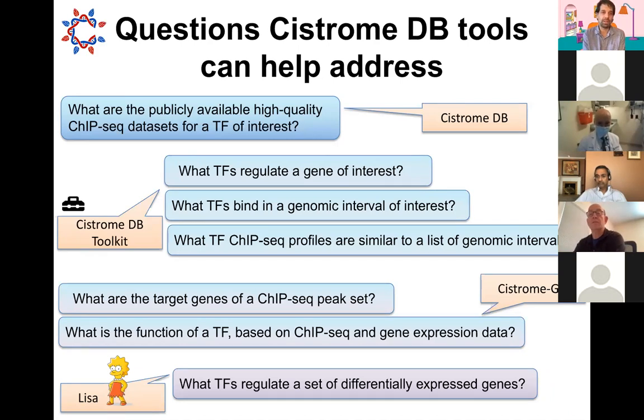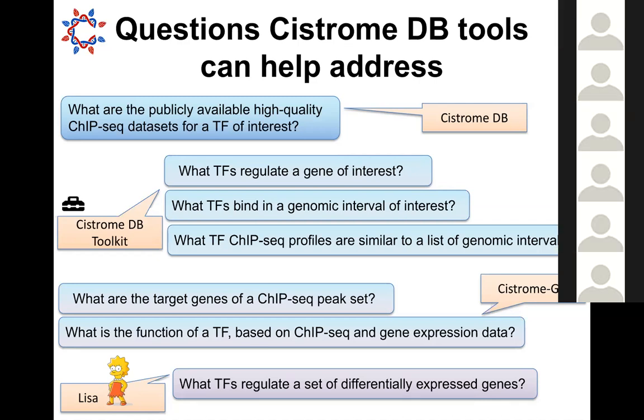Other questions include what transcription factors regulate a particular gene of interest? What are the transcription factors that bind to a particular genomic interval of interest? And what are the transcription factor profiles which are similar to a list of genomic intervals that you might have? These are functions of the Cistrome Data Browser toolkit.